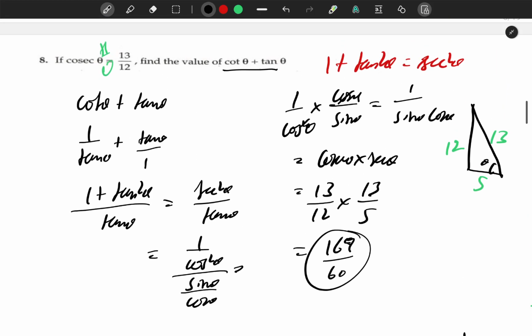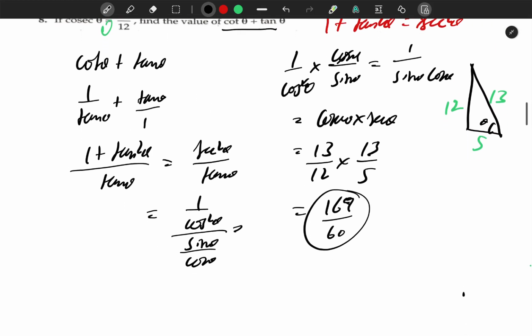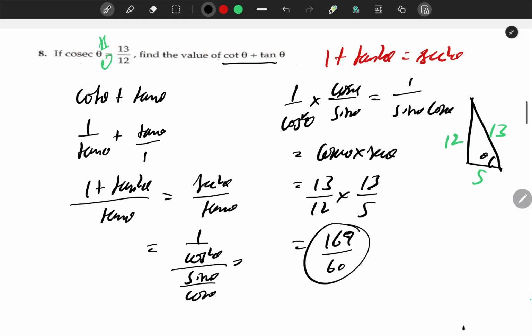Or else we can directly take it by Pythagoras theorem. If you take a right angle triangle, cot theta is adjacent by opposite, that is 5 by 12, plus tan theta is opposite by adjacent, that is 12 by 5. 12 into 5 is 60 as the LCM, 5 into 5 is 25, 12 into 12 is 144.